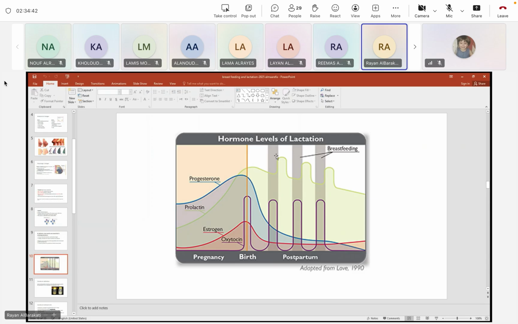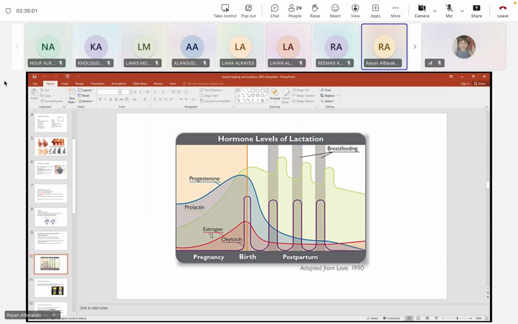You can see here on the right of the graph, after the yellow line, you have white and gray columns. These represent breastfeeding timing. So look at the relation.